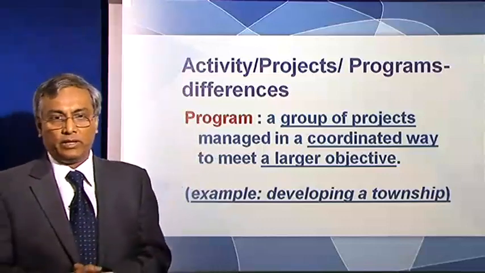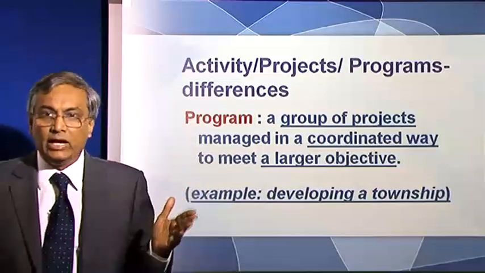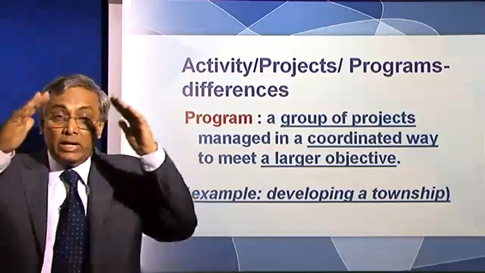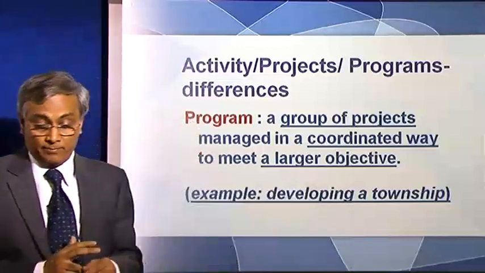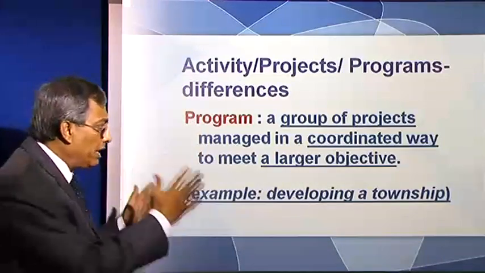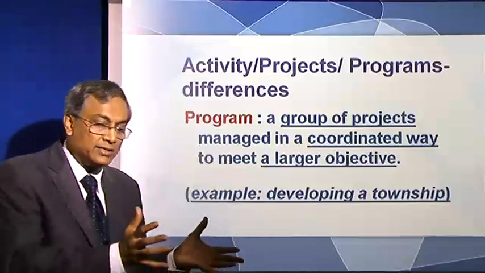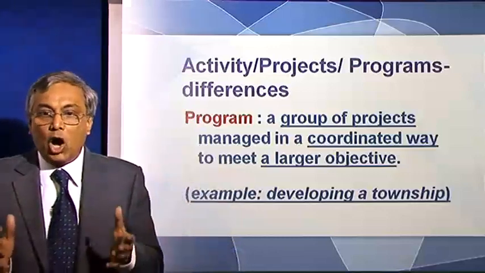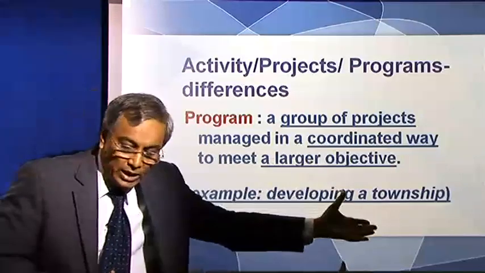For example, building a foundation is an activity, building a wall is an activity, but building the house is a project. But developing a township becomes a program. When you develop a township, you have several projects of houses, roads, schools, and hospitals. All these together give you a township.